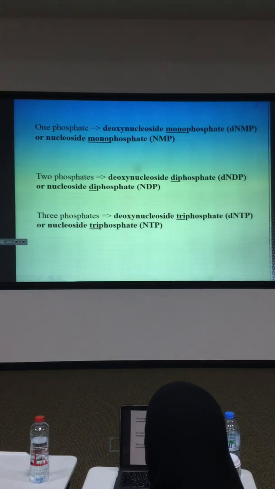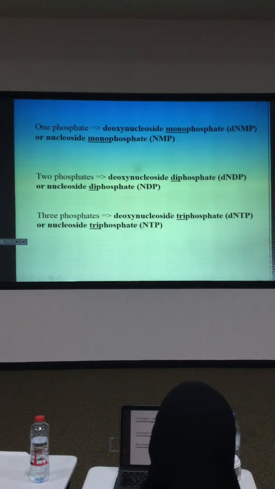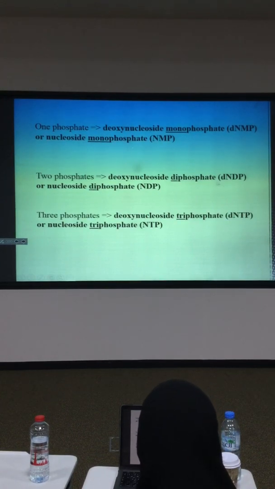In the case of DNA we write deoxy, and in the case of RNA nucleoside monophosphate. With 2 phosphates, deoxynucleoside diphosphate or nucleoside diphosphate. Similarly, with 3 phosphates, deoxynucleoside triphosphate or nucleoside triphosphate.